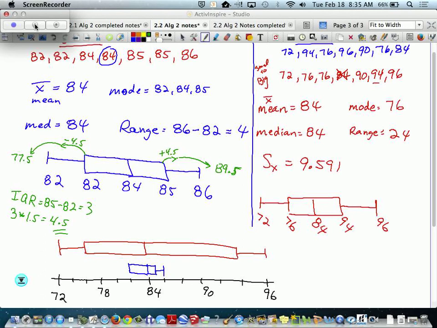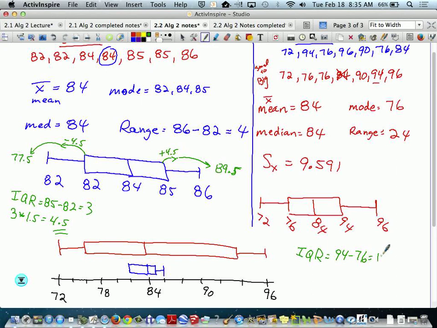Here we go. So what is my IQR for the red data? 94 minus 76 is what? 18. If I take 1.5 times 18, what do we get? 27. So if you take the top of the box and you add 27, 94 plus 27 is 121, right?